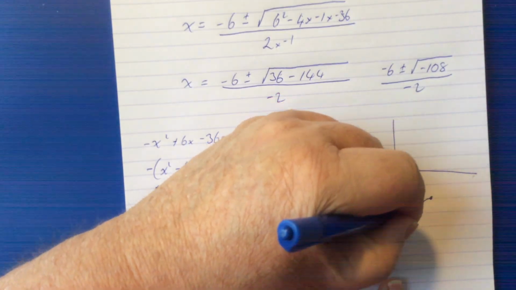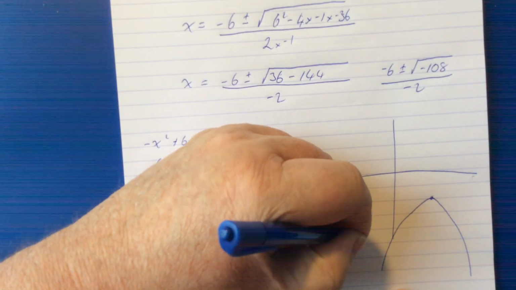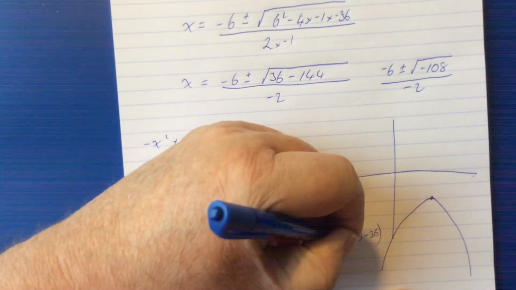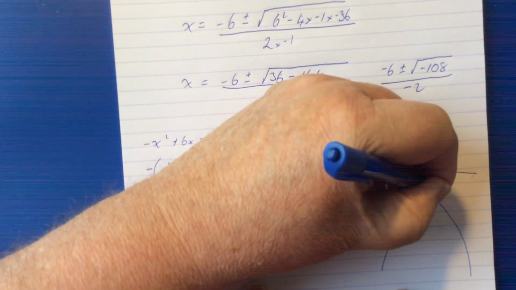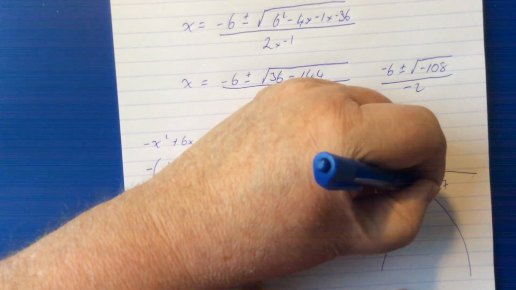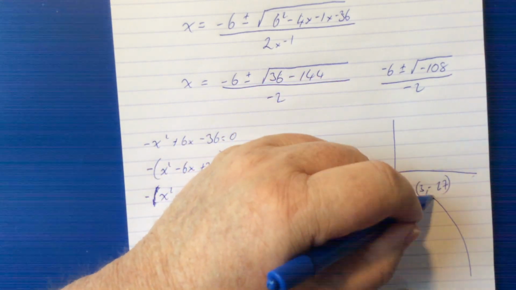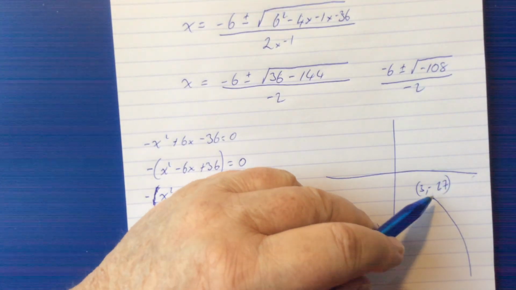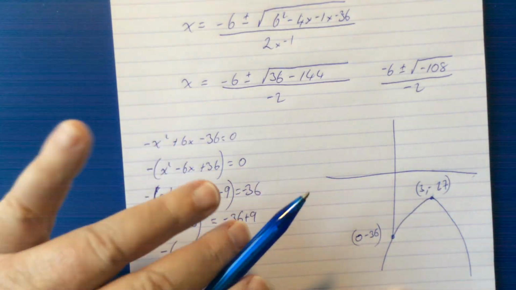This is wildly out of scale. I apologize. This is 0, negative 36 here. This is 3, negative 27 there. And as you can see, this thing doesn't touch the x-axis. Not once, not twice, not ever.